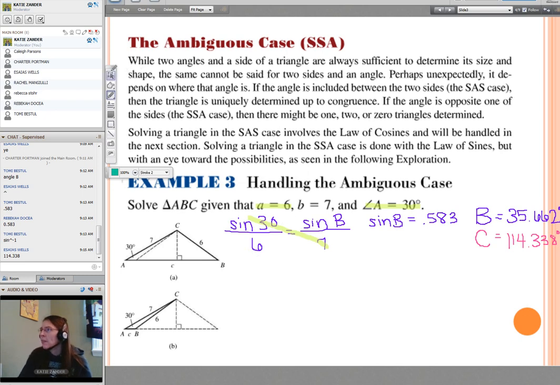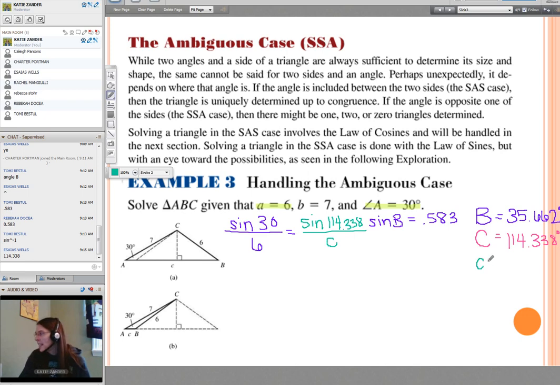So I'm just going to use this same proportion here so I can save myself a little bit of room on the board. So I'll start off with sine 30 over 6 because we still want to use that beginning ratio with A. But now to find side C, we've got to use angle C. So sine of 114.338 over side C. Now, because we're looking for a side length, we do not need to use the inverse here, right? It's just simply cross multiplication to help you find that.